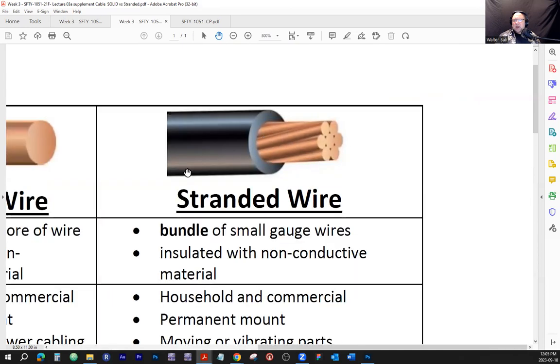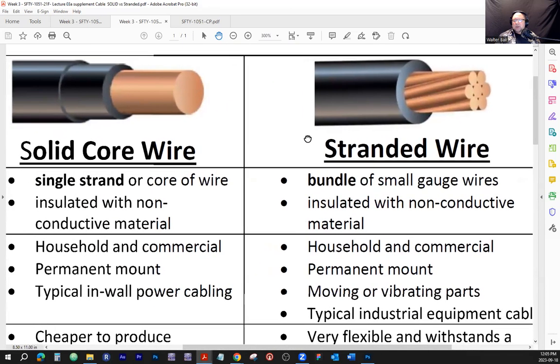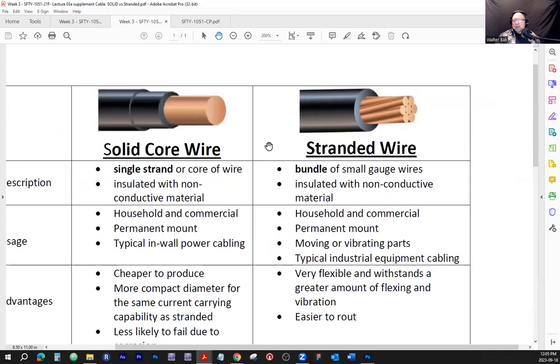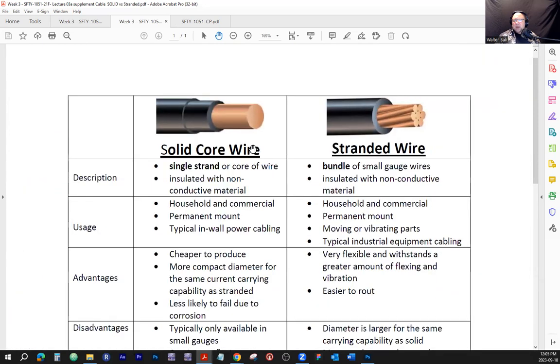There are pros and cons to using either one of those, and we're going to take a look at some of the differences here. So, let's see the descriptions, what the differences are. A solid core wire is a single strand core of wire insulated with non-conductive material. Of course, we need to separate the copper from other copper conductors so they don't touch.